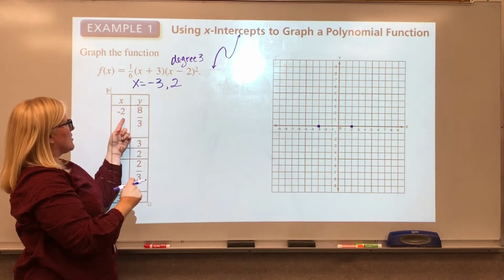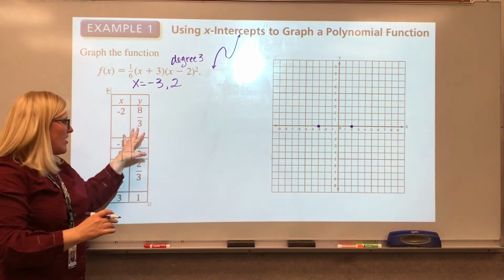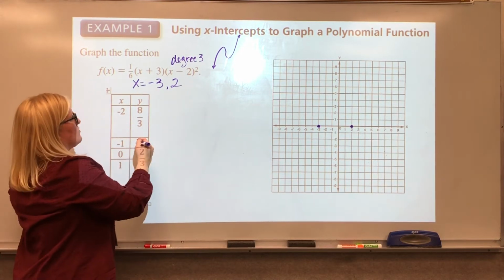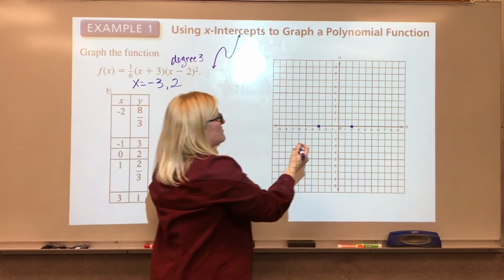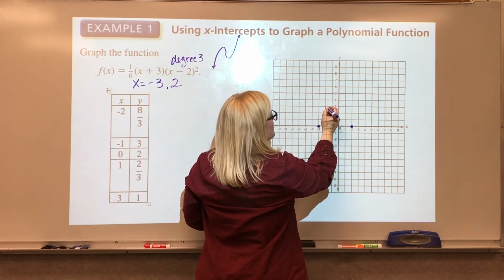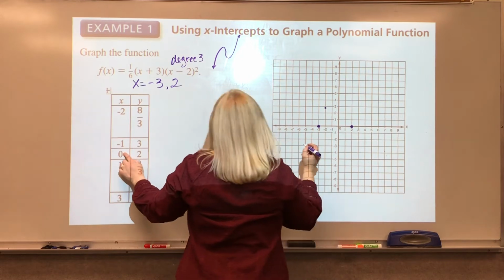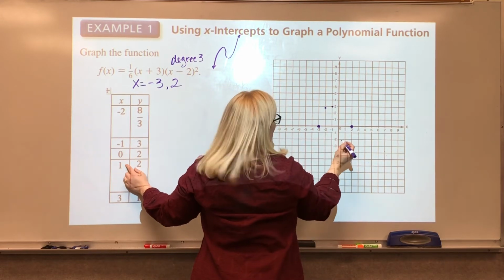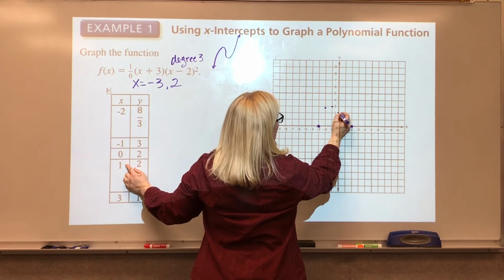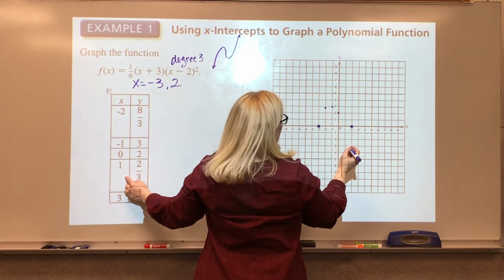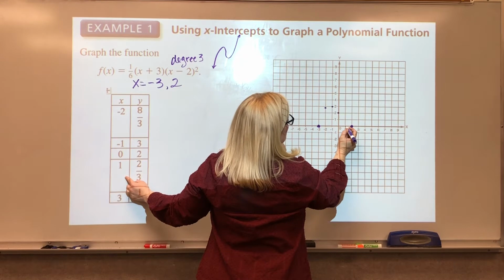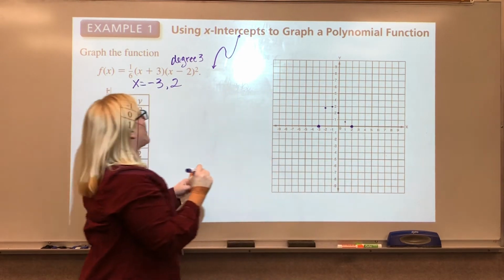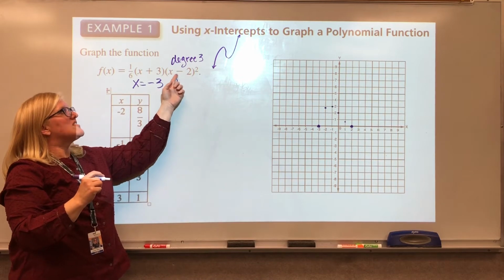All right, so let's look at what we've got. Some of these, I've already plotted. So -2 is 8/3, which is almost 3. -1 is 3. 0 is 2. 1 is 2/3, which is about right there. Now another thing I hope you notice is we have a double right here.